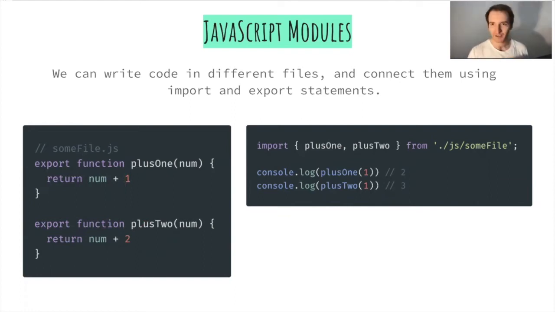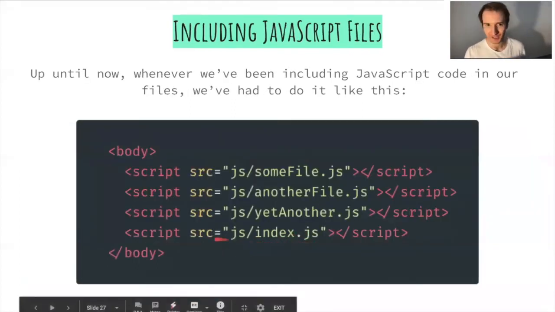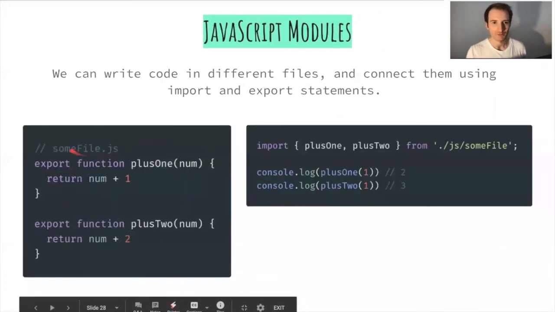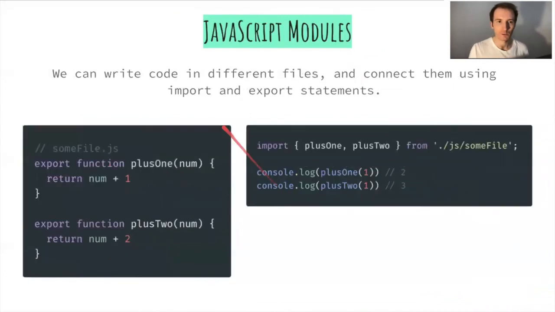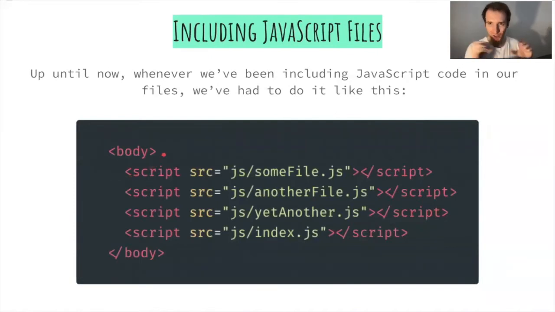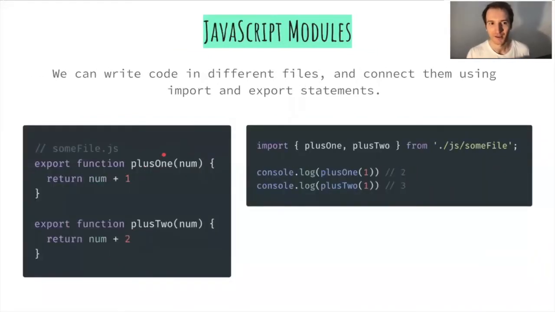So normally, unless we had included a script file of some file coming before another file, we wouldn't have access to these functions. But instead of doing what we've done before, which is just copy and paste different script tags, inside of a different file we can use this import syntax to grab these variables into that file's scope.